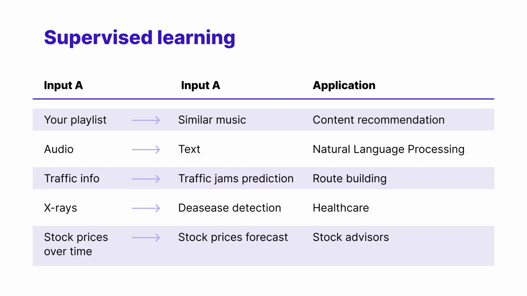Or you can input traffic information and get an output as a traffic prediction. Or you can feed the algorithm stock prices over time and get predictions of future stock prices. It learns to take input A and get an output B.